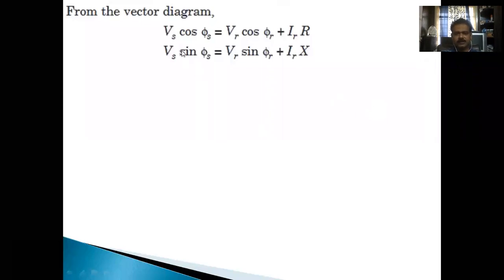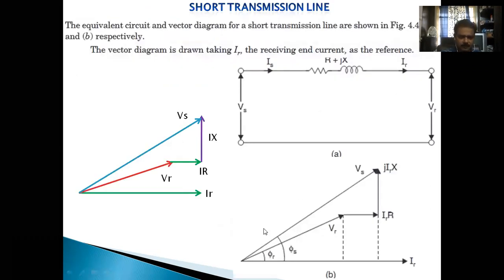How will you get this? From this phasor diagram, if we resolve on the x-axis, Vs cos phi s is equal to the x component, so Vr into cos phi r plus, we can directly add this component IR into R. That gives the entire x component of this Vs vector.